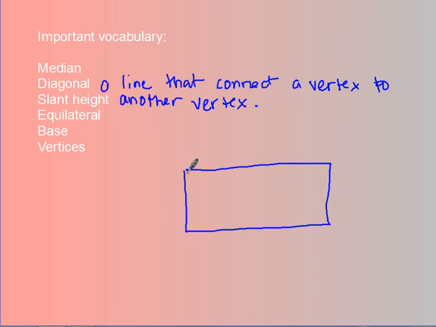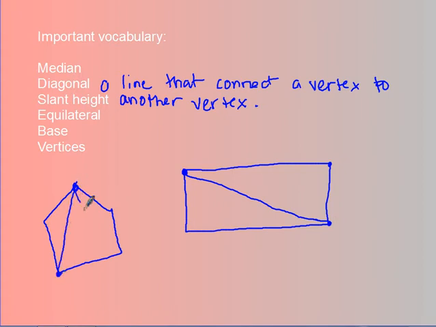If I'm going to do a diagonal, if I start here, I'm not going to draw a line to here. That's not a diagonal because it's already connected. So it would connect to a vertex that it's not connected to. Or if on a pentagon, say I have a pentagon, if I start here, I can't connect to this point, but I can connect there, or I can connect there, and we call these lines diagonals, okay? There's a bunch of them, but they're diagonals, okay?